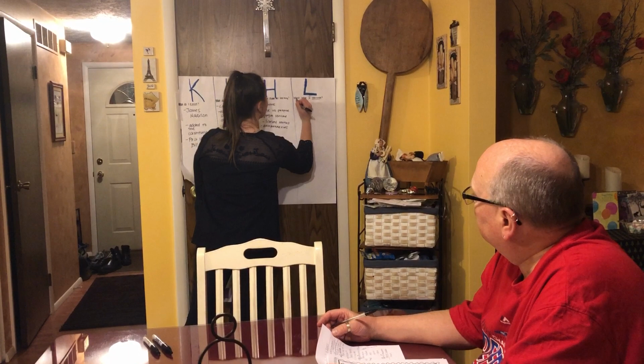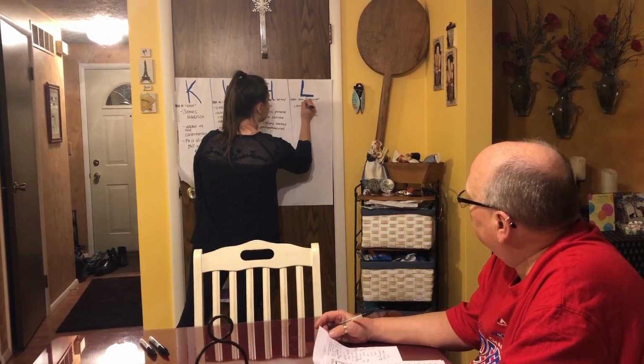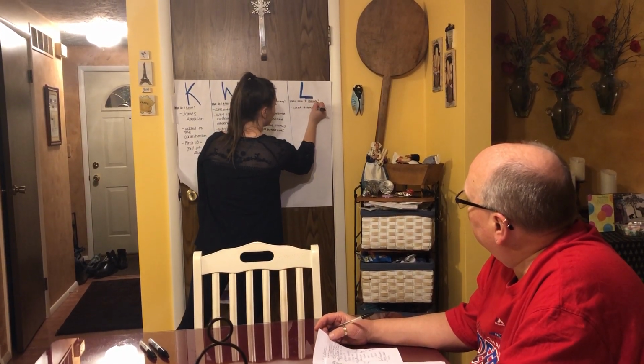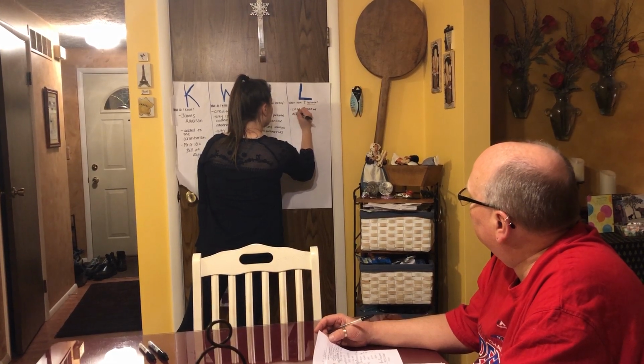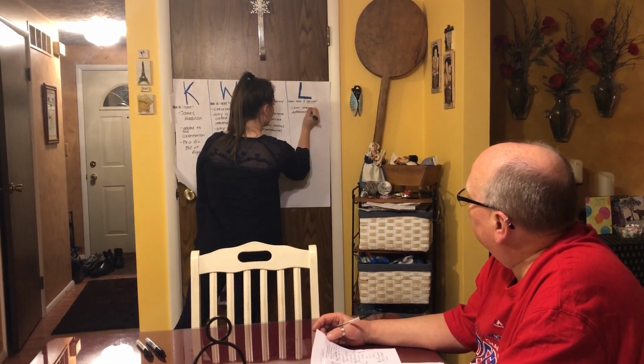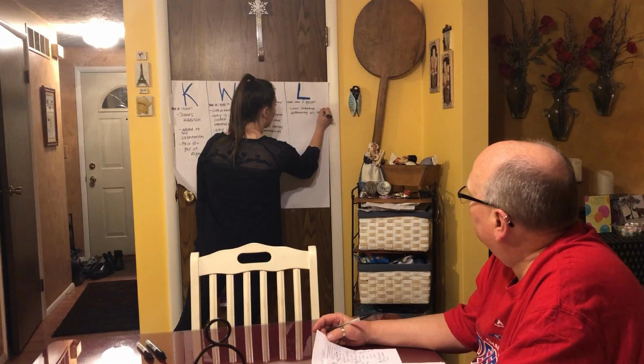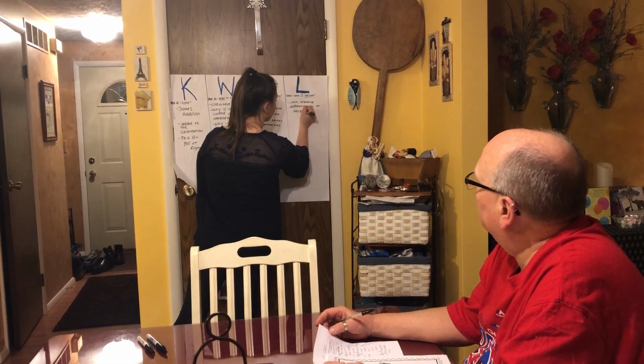So something that I learned during my reading is that the government can't treat people differently because of their religious beliefs. So they can't be treated different because of their religion.